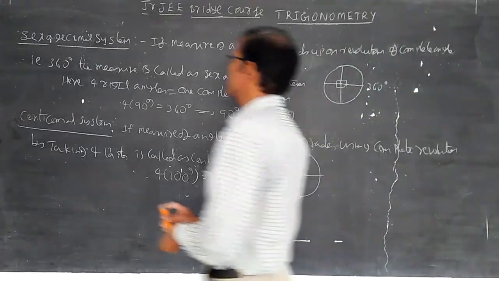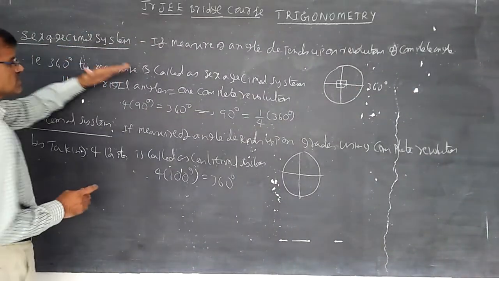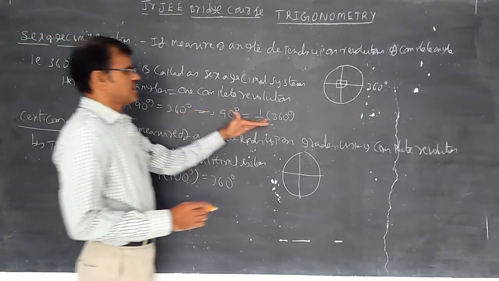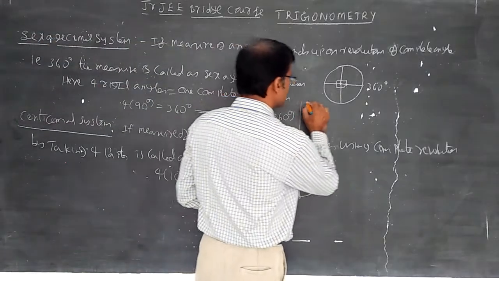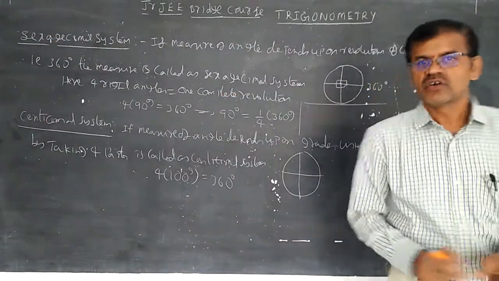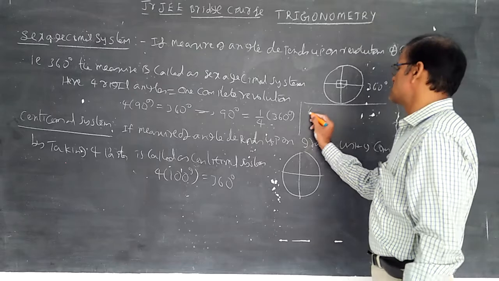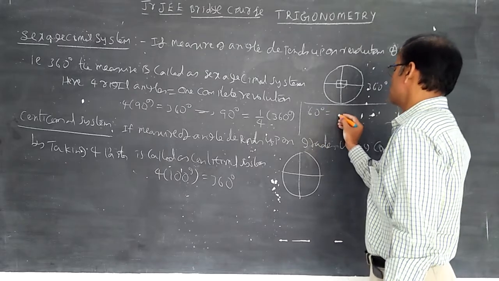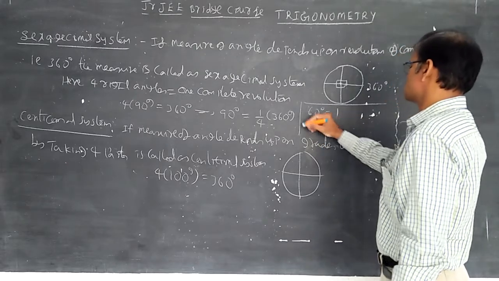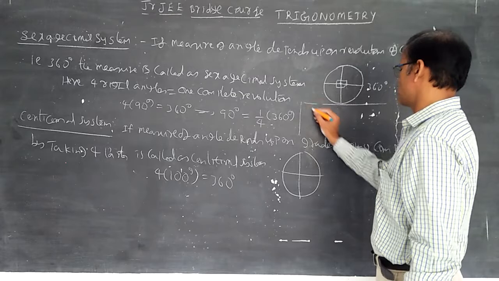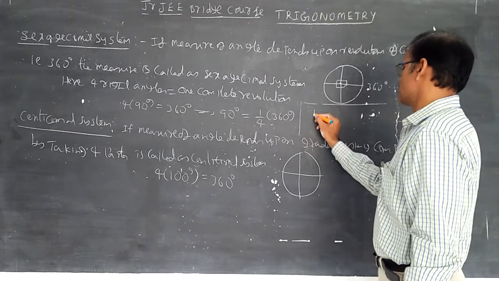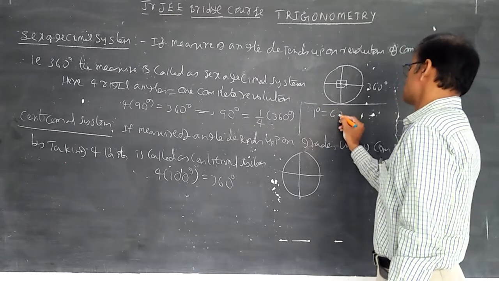Here, in the sexagesimal system, it depends upon the clock. We can understand here 60 minutes is equal to 1 hour. You can write like this: 1 degree is equal to 60 minutes.